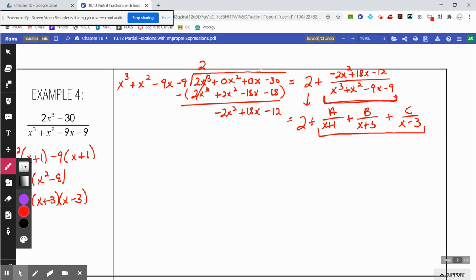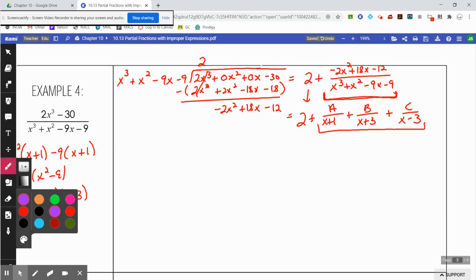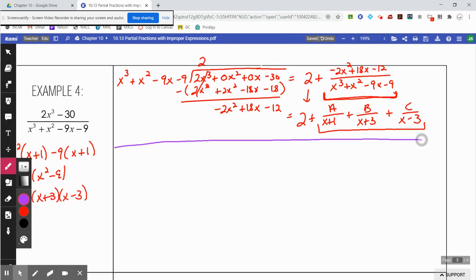Let's come down here in a different color and write all of that out. So you have -2x squared plus 18x minus 12 over x to the third plus x squared minus 9x minus 9. And again, we're going to break it into this. So let me go ahead and write it.